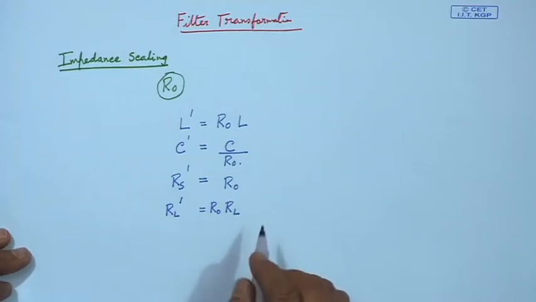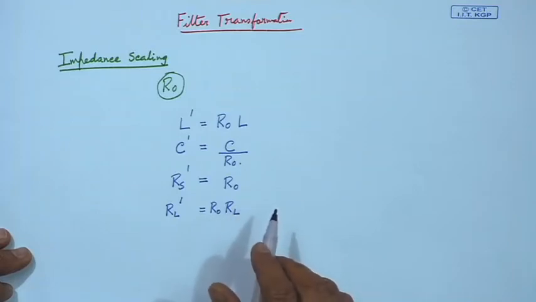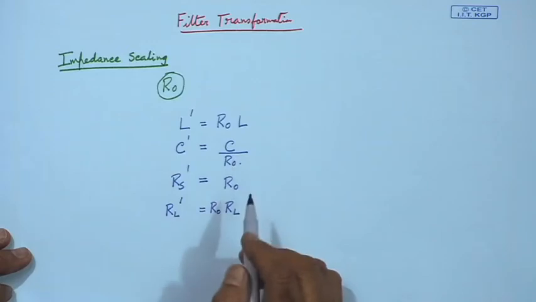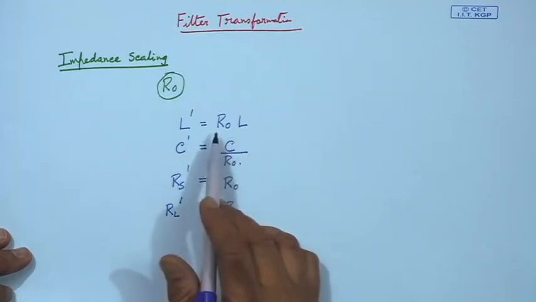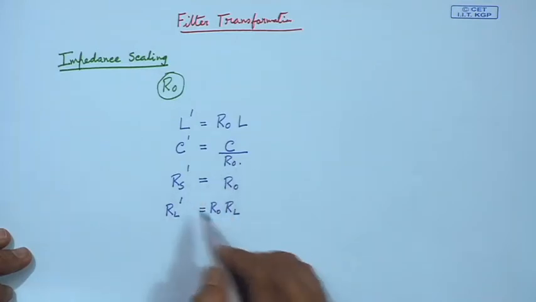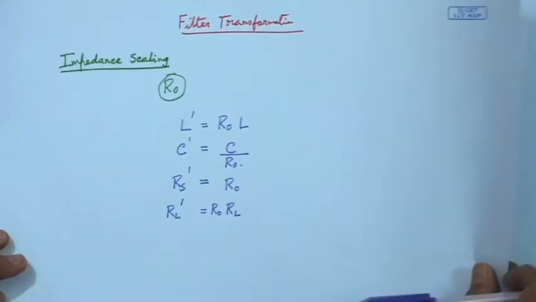So, this is the impedance scaling. Whenever we scale impedance from 1 ohm to R0, or 1 ohm to Rs, we need to do this.